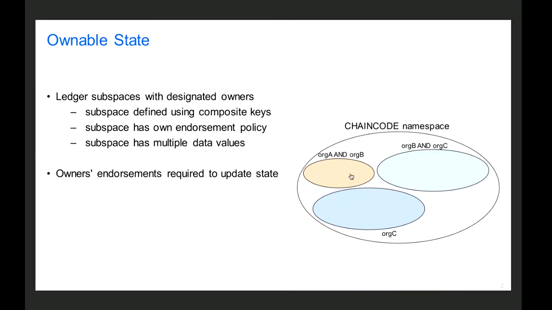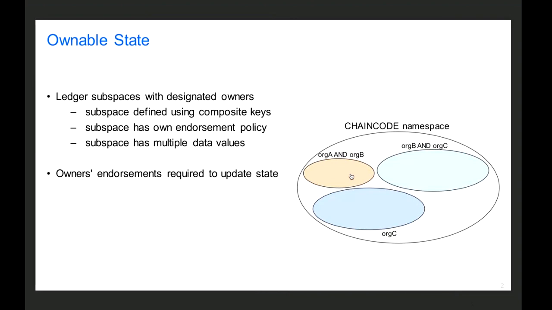So on the right-hand side in the picture, you have an example. You have the overall chain code namespace, think of the key value store namespace. Then you would have certain subspaces in that whole KVS namespace. These subspaces would have a certain Ownable State identifier, so they are separated from one another, and they have certain owners.